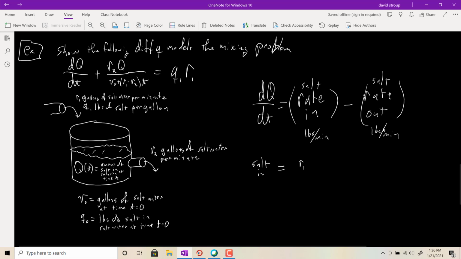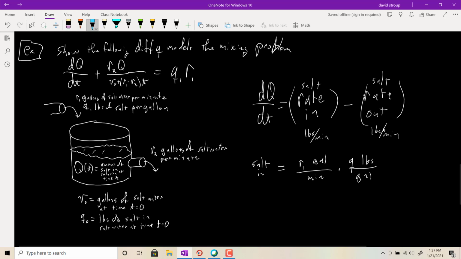Because R1 is gallons per minute, and Q1 is pounds per gallon. If you multiply those out, the gallons cancel, and you're left with R1 Q1 pounds per minute, which I decided to write as LBS for some reason.